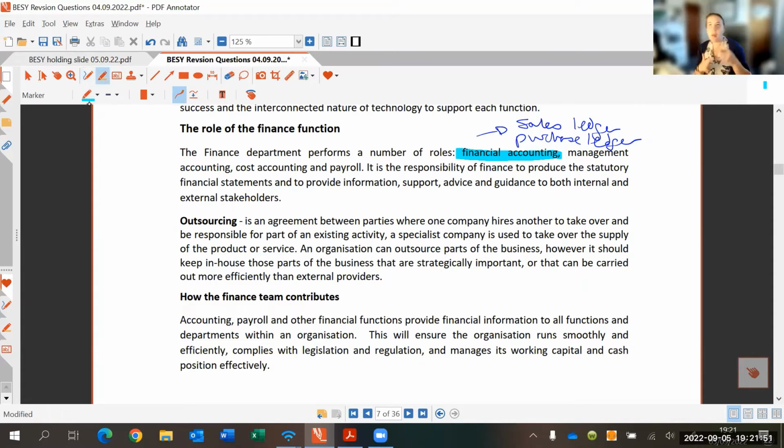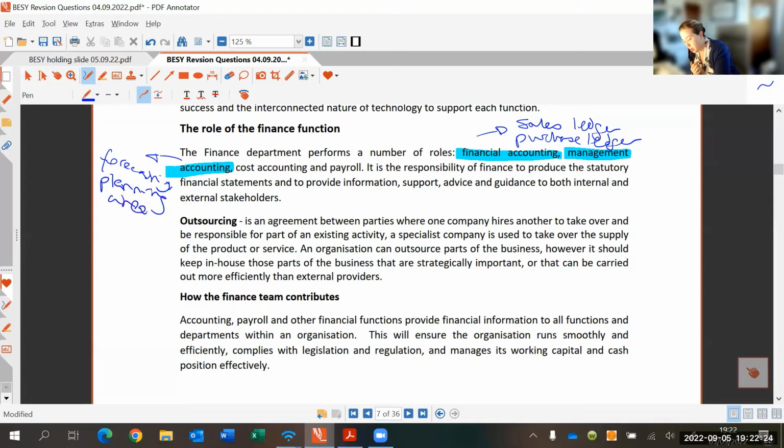And that's the bulk of what we do for this level 2 qualification: you're learning about those financial accounting aspects. The other thing you've got is your management accounting. This is your forecasting section. They're more internal to the business, and will look at planning ahead and forecasting what might happen in the business.